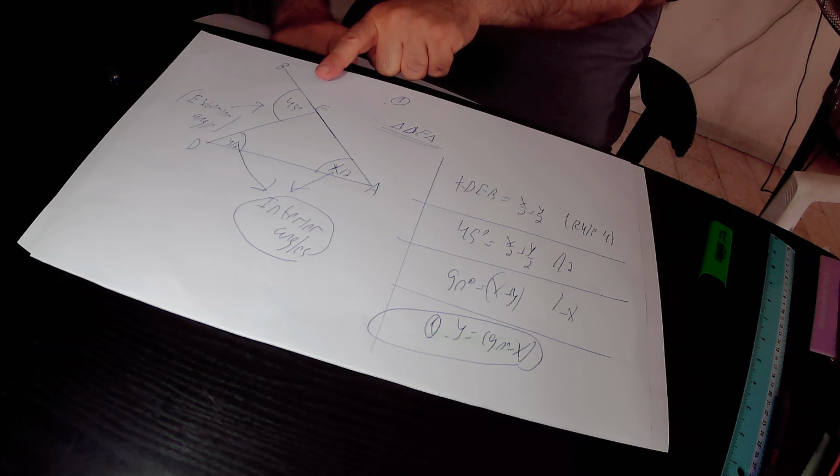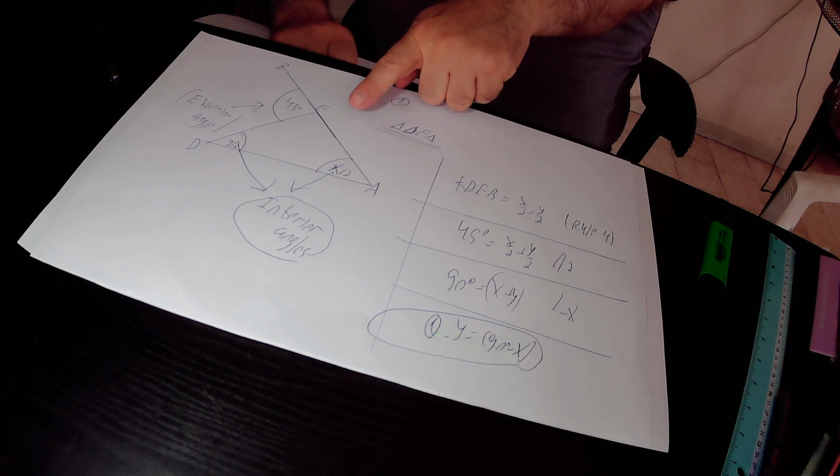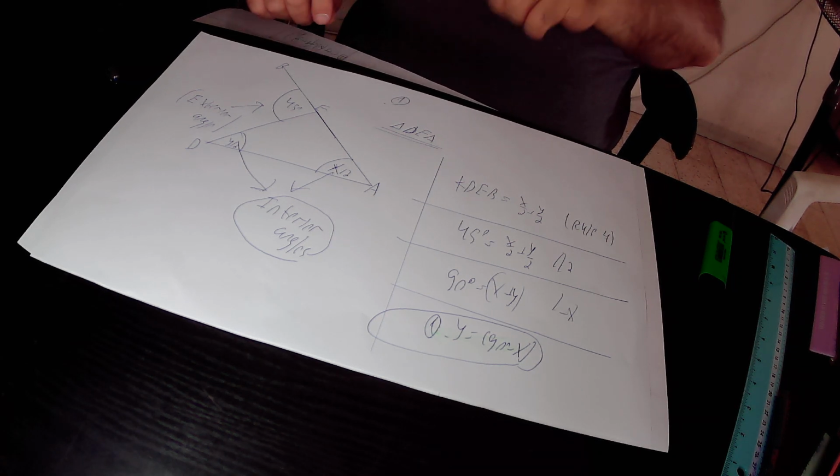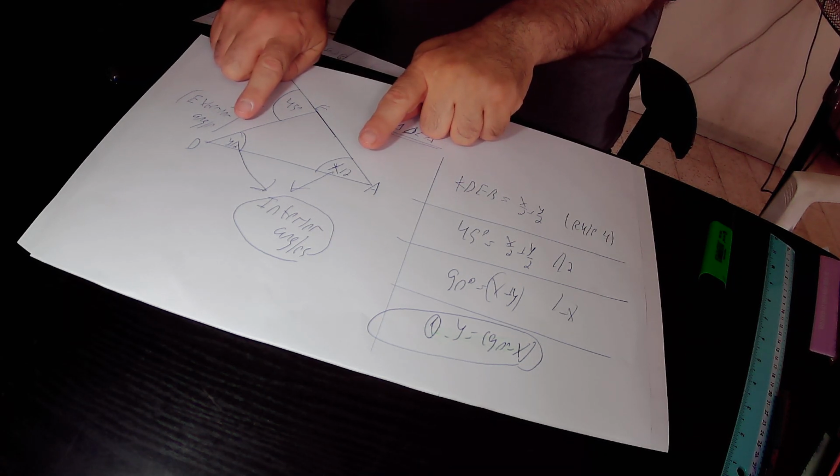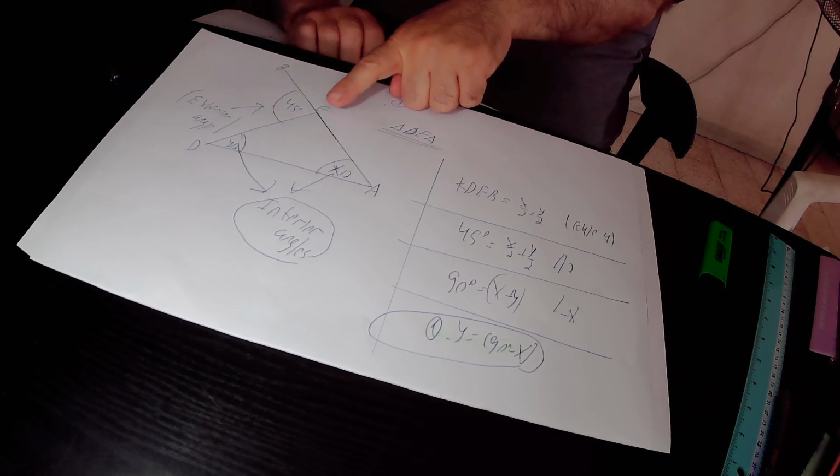Angle BED is located outside triangle AED, and therefore this angle BED is defined as an exterior angle in relation to triangle AED, while those two angles x over 2 and y over 2 are both located inside triangle AED, and therefore they are defined as the interior angles of this triangle. This is angle AED.